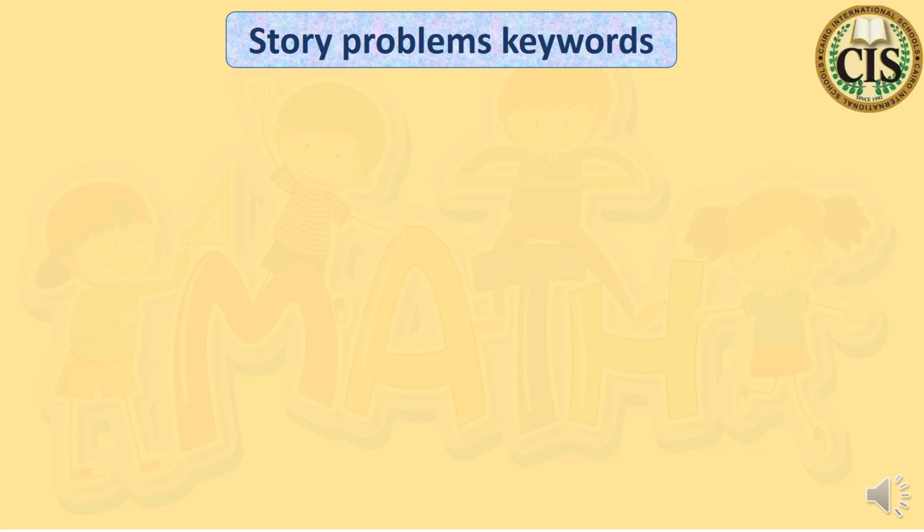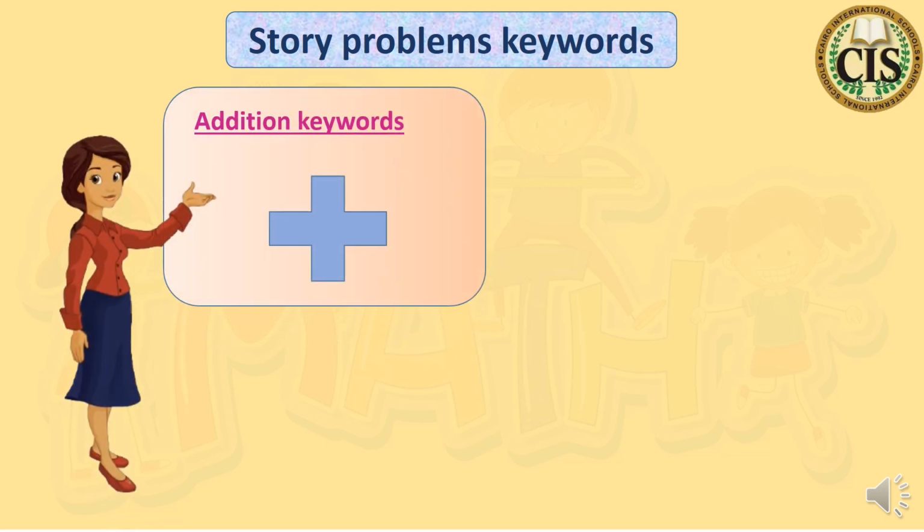Now we're gonna remember the story problem keywords. Addition keywords are sum, and, all together, total. Can we sing together? Addition keywords: sum, and, all together, total.